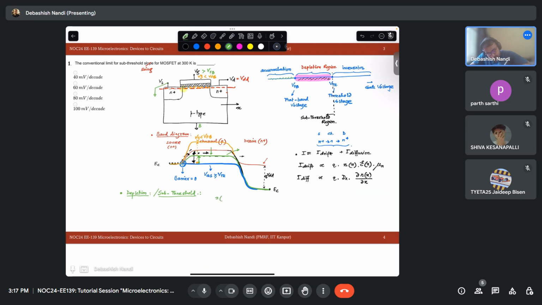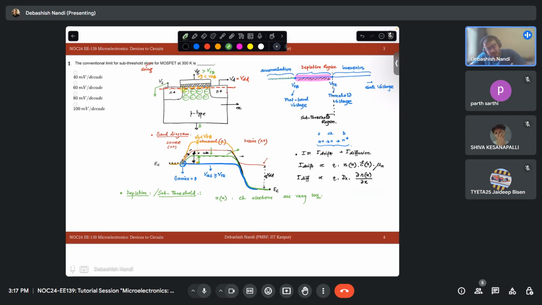Your n of x, that is the channel electrons, are very few, right? Why very few? Because most of the negative charge will be contributed by the depletion charges in the p-type substrate. And those depletion charges do not conduct current, because these are immobile charges.